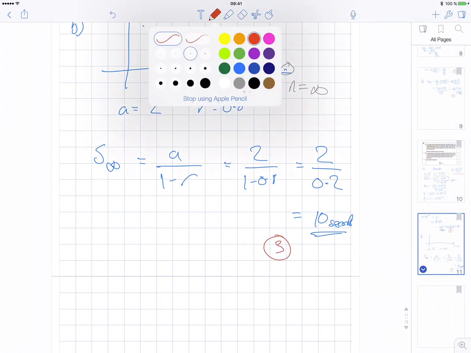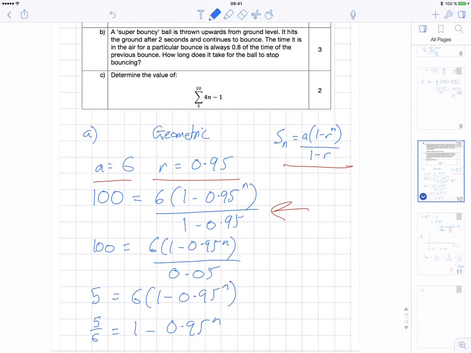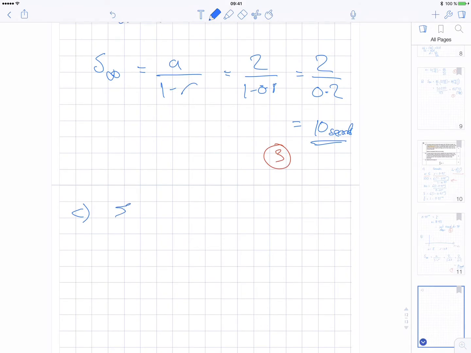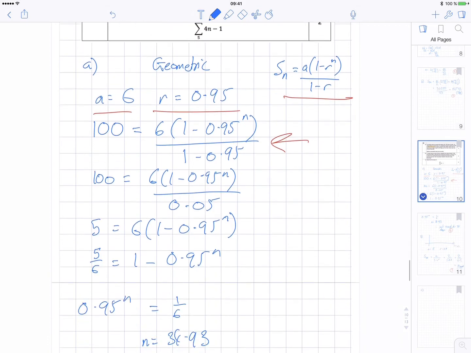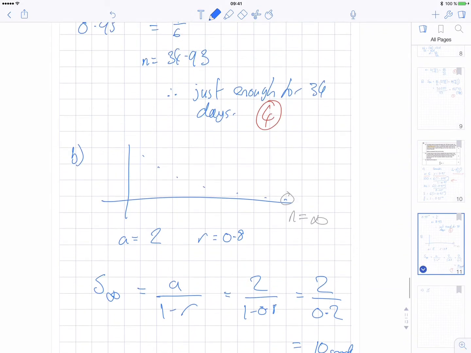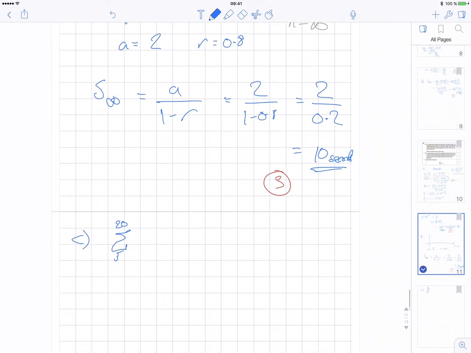Part D, oh, what am I talking about? Part C even. Determine the value of, and we'll do this 2 ways because I'm just going to show off, 20 and 5. But I'm happy for you to use the calculator in any way you see fit, because I said determine.